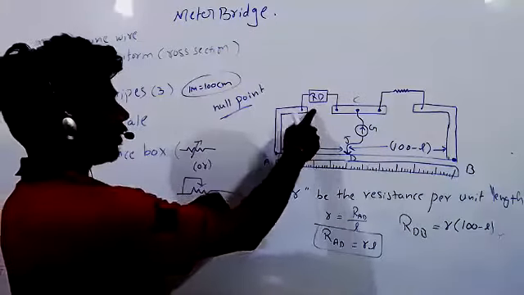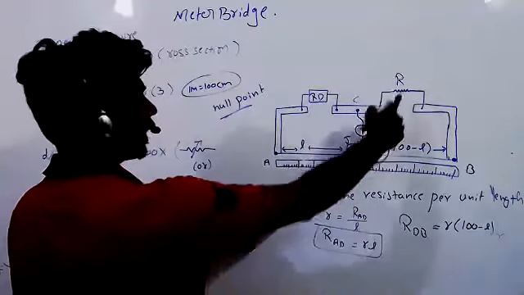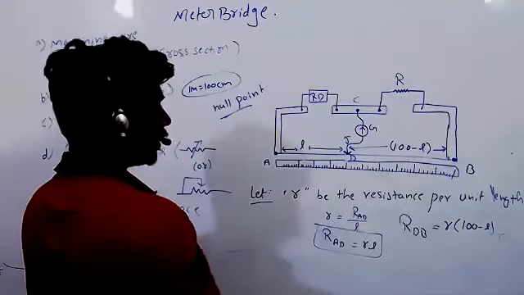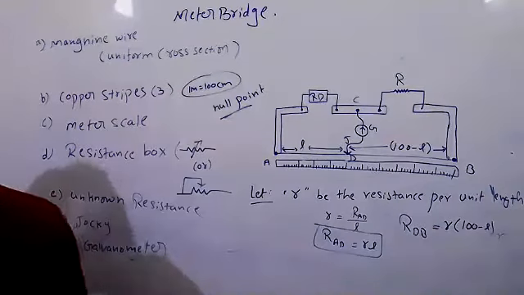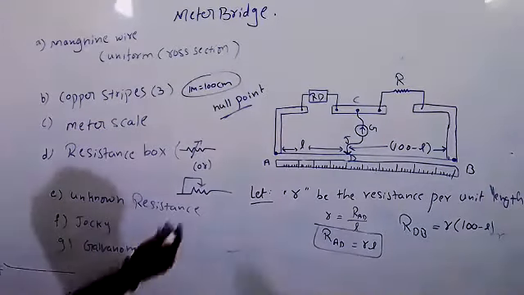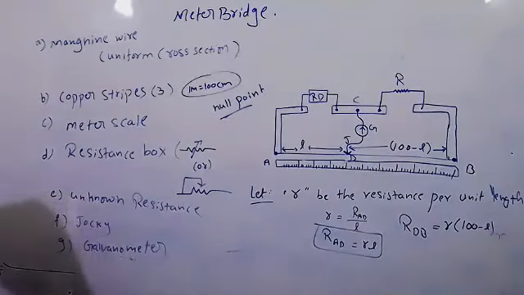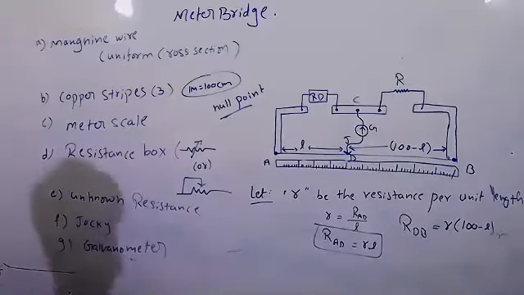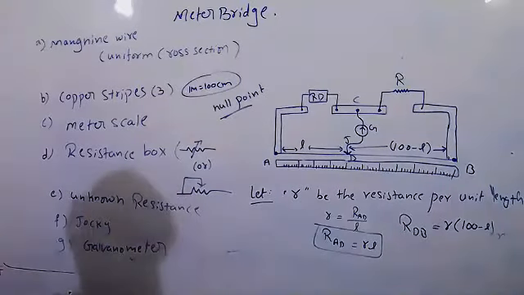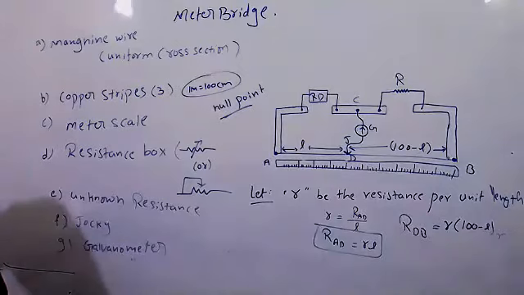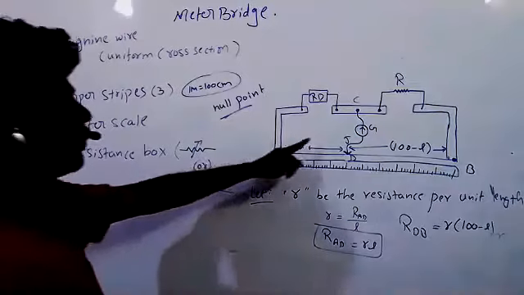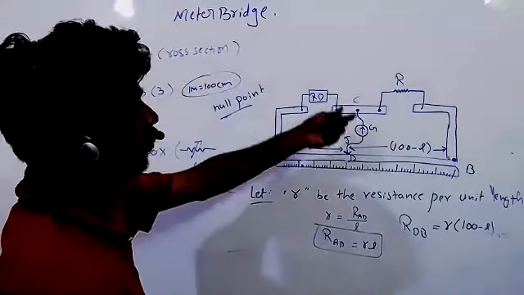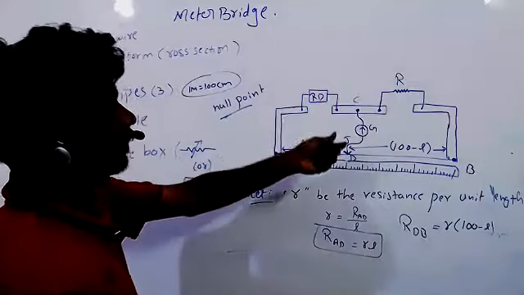Now we know one resistance, the second, the third, and the fourth. There are 4 resistors, and in the Wheatstone bridge also there are 4 resistors. The galvanometer is used to measure small currents also.